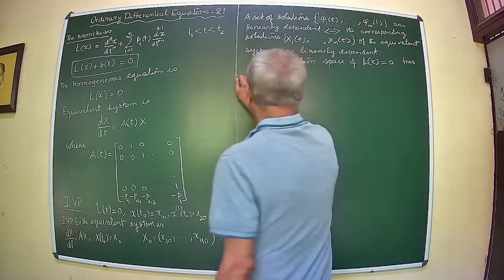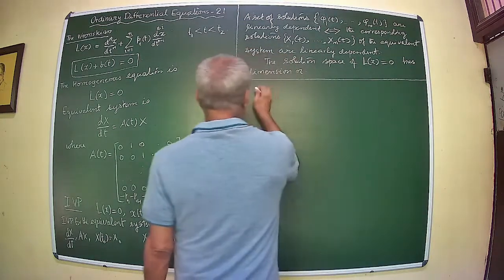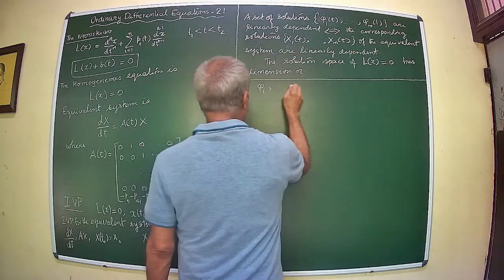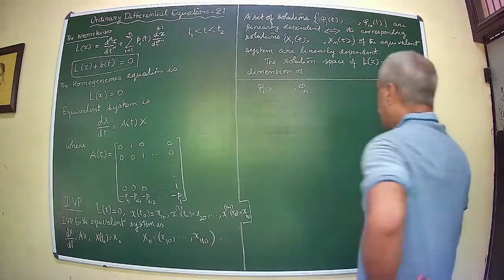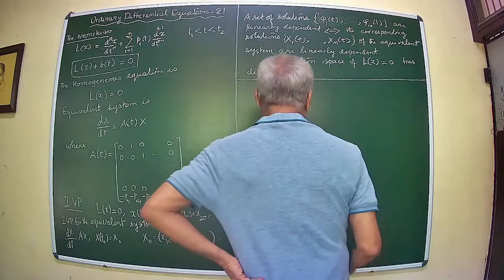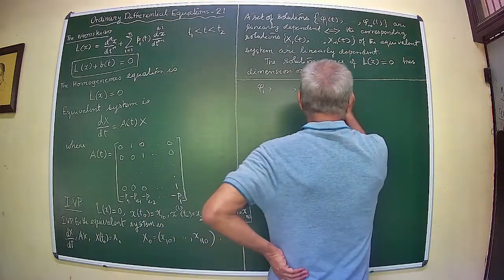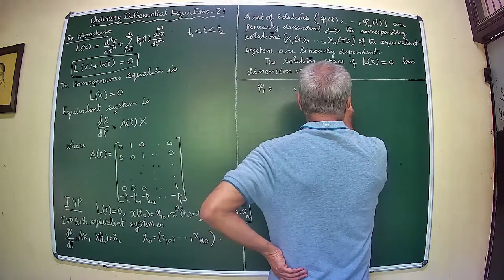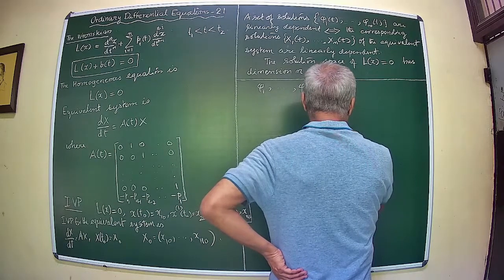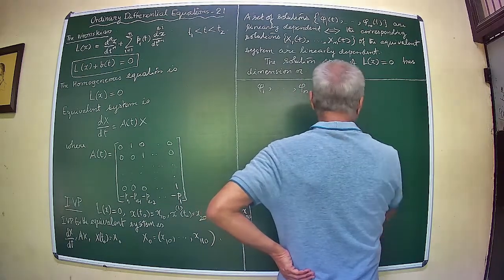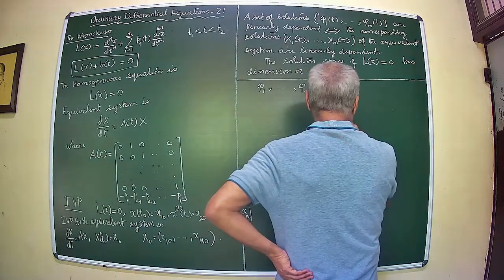Now we look at the functions phi 1, phi 2, etc., phi n. Now we can see what is x1, x2, etc., xn. x1 is actually phi 1, phi 1 derivative, up to phi 1 derivative n minus 1.